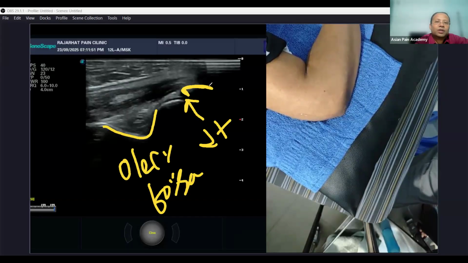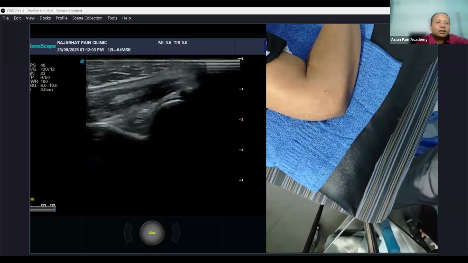So when I move the olecranon, when it is completely extended, then the olecranon will come and sit in this area. It will enter in this fossa. Okay, so above that, this is the triceps tendon. So the triceps tendon insertion is not exactly on the tip of the olecranon. It is a bit, about 1 centimeter, below the tip of the olecranon.